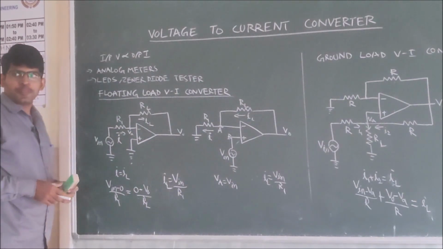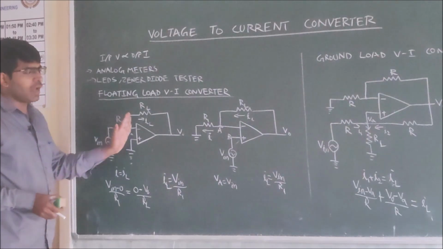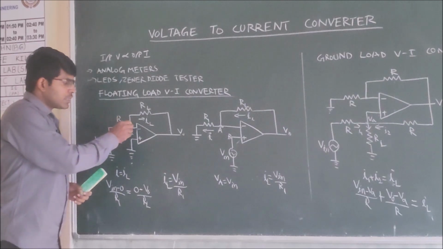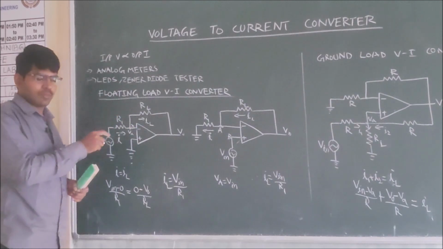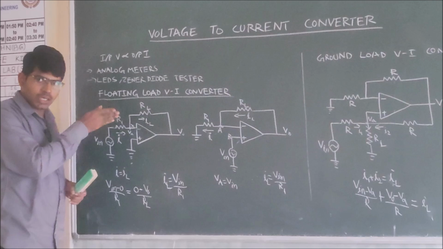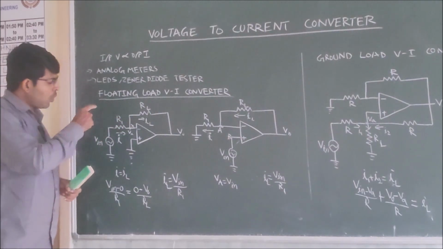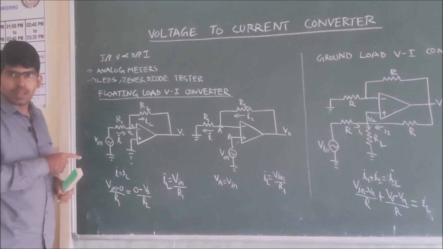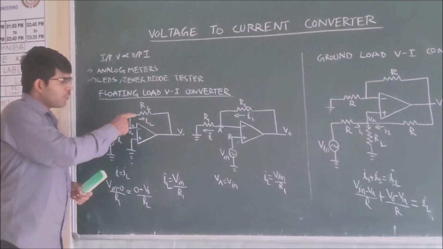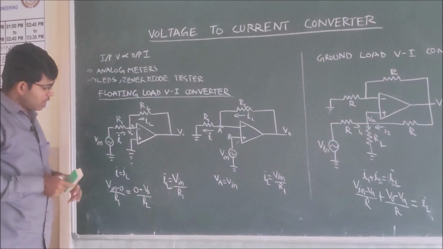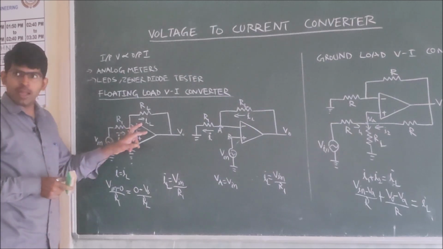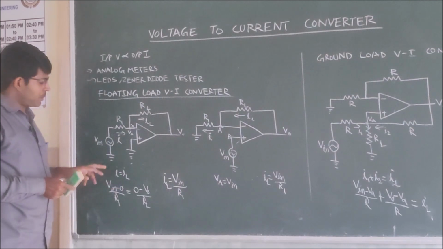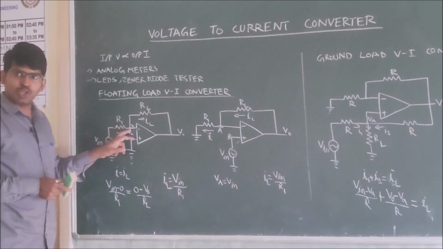We know that because the op-amp has very high input impedance, it does not allow any current from this terminal towards the op-amp. Whatever current is entering at the node A, the same current should leave from the node A. Therefore, I is equal to IL. Whereas I is nothing but Vin minus 0.